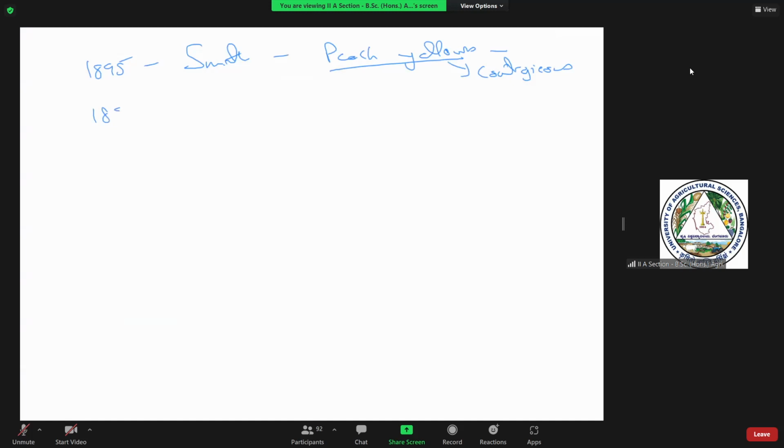In 1898, Beijerinck, a Dutch microbiologist and a founder of virology, showed that TMV, the tobacco mosaic virus, is not a microorganism.